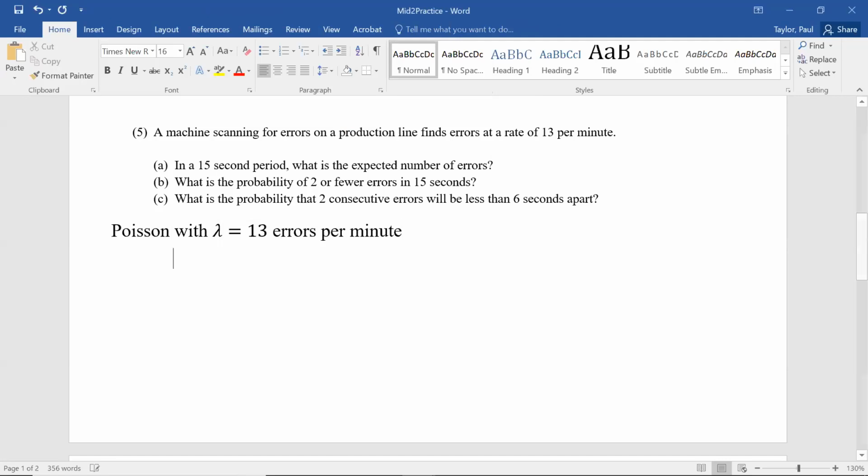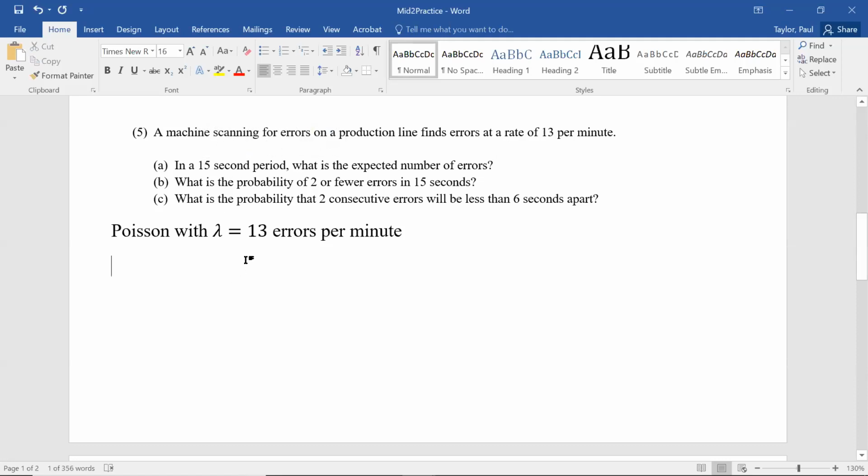Okay. So the first question, in a 15-second period, what is the expected number of errors? Well, all of these questions down here are in seconds, but my lambda is in terms of minutes. So I have to convert everything to minutes, or convert my rate into seconds. I'm going to convert all these seconds into minutes. 15 seconds is a quarter of a minute.